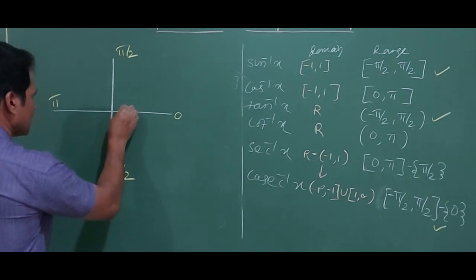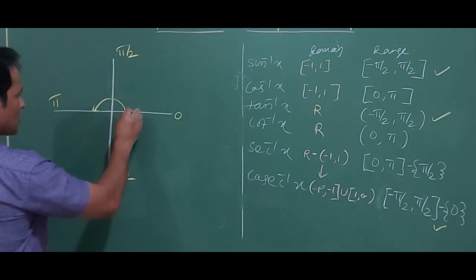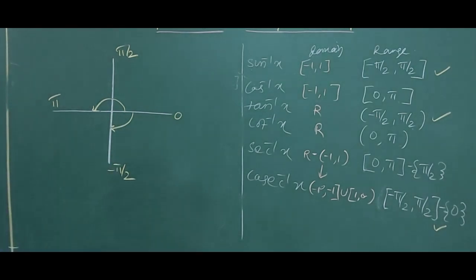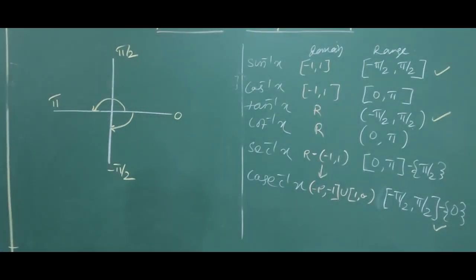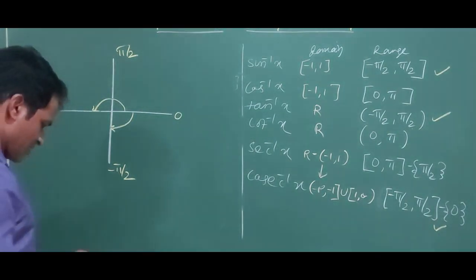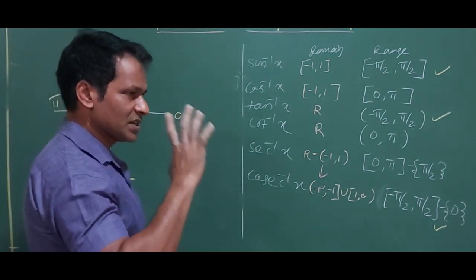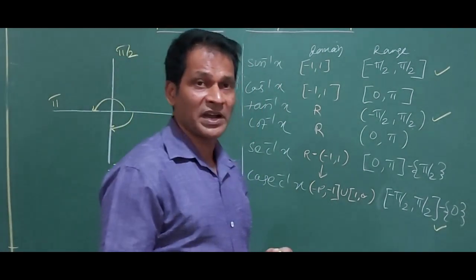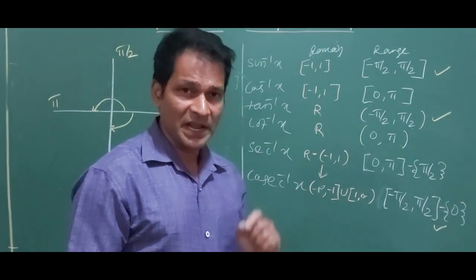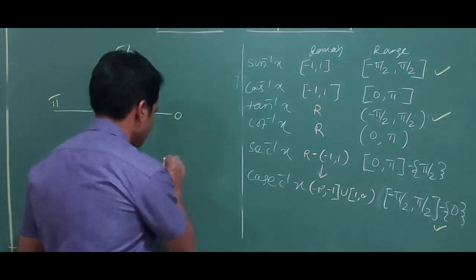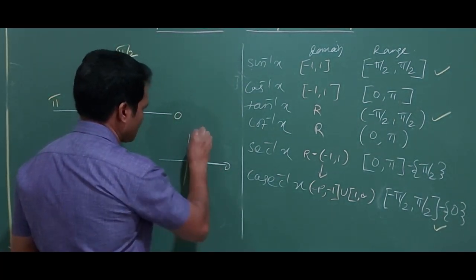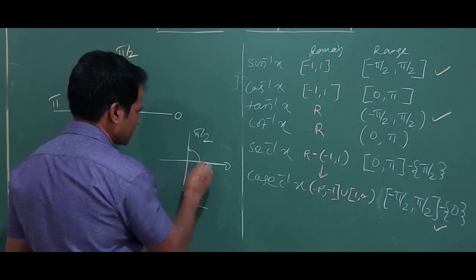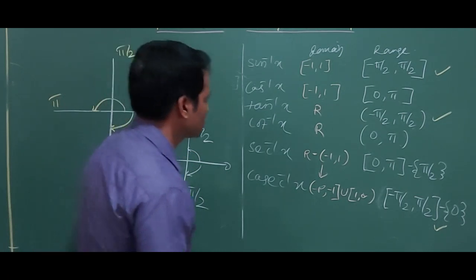So I will see this is a half rotation like this and a quarter rotation like this. Now here comes a crucial thing for all of you. If I look at the values which come under minus pi by 2 to pi by 2, that means half rotation this side, half rotation this side, which ones come here?